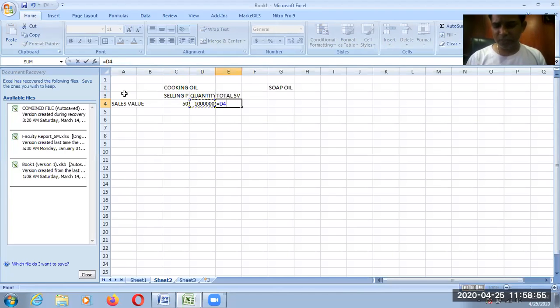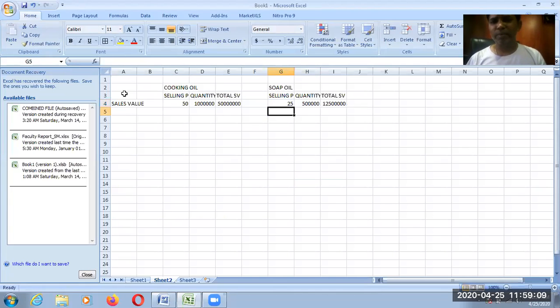Total sales value is the multiplication of these two. In the same way for soap oil, the price is 25 and the quantity 5 lakh, and the total sales value is 25 multiplied by 5 lakh. So this is the sales value.